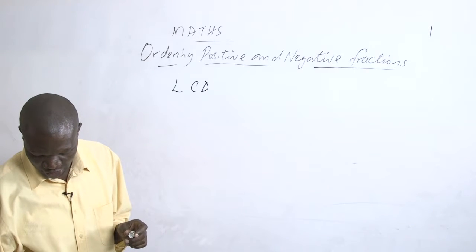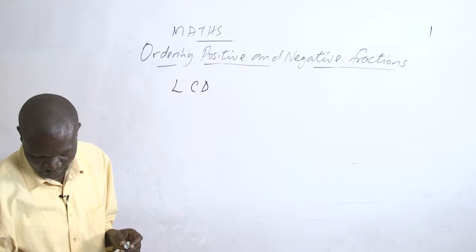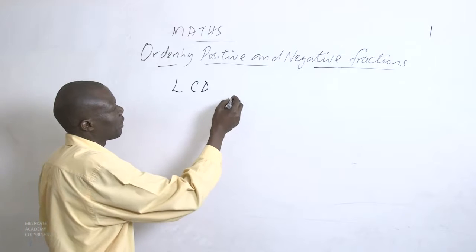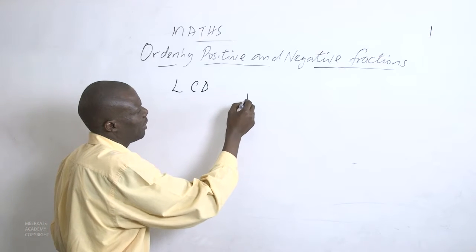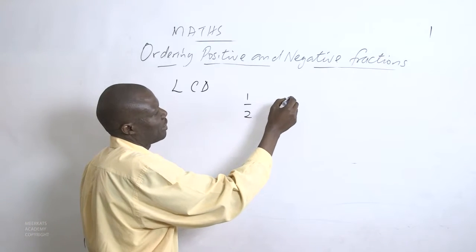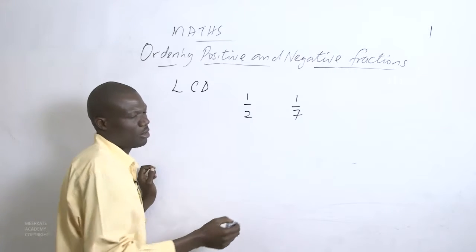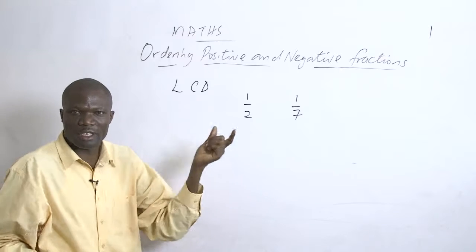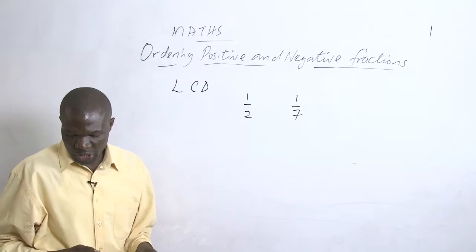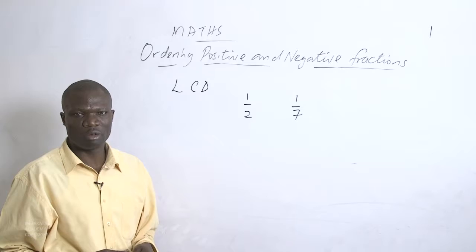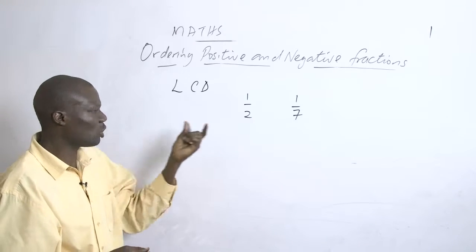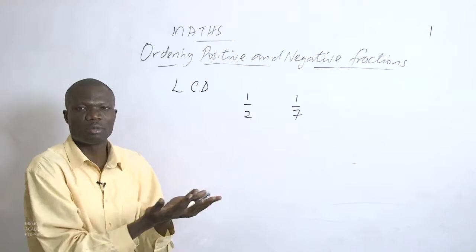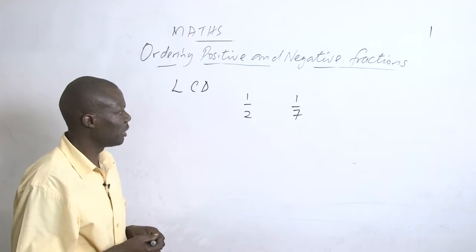Let us look at that. If we want to compare a half and a seventh, which is 1/7, these are two fractions with different denominators, but we are supposed to order them, to arrange them, or to know which one is small and which one is large.